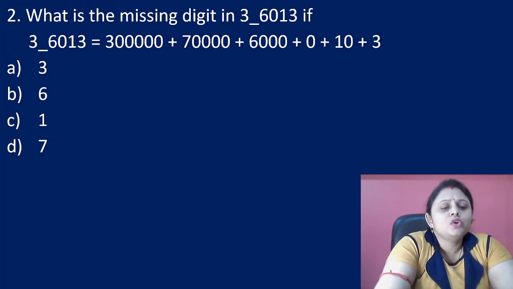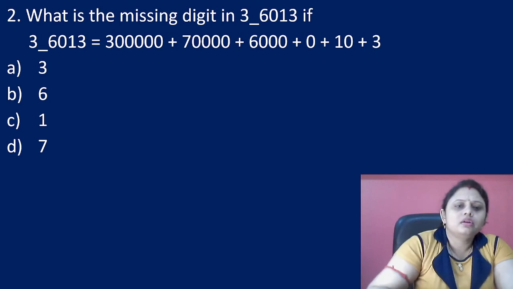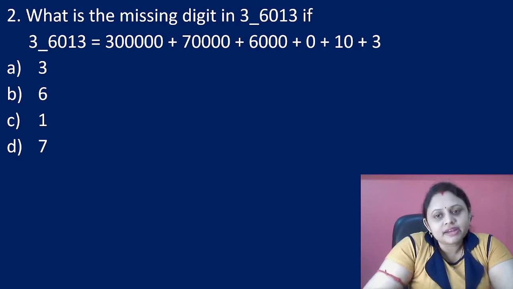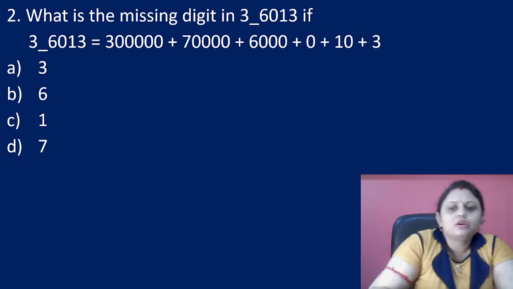Number 2. What is the missing digit in 3-6013 if it is equal to this expanded form? The expanded form of the number is known, so we can easily find the number.